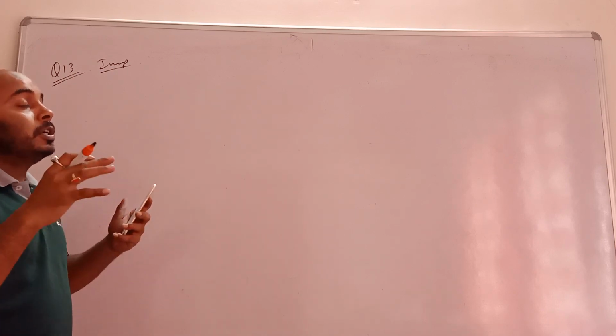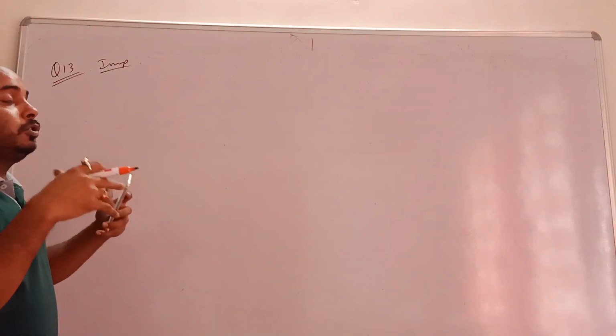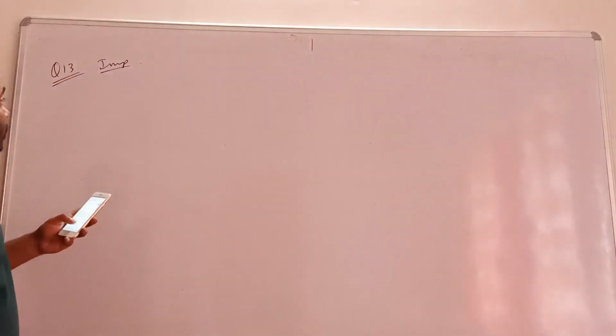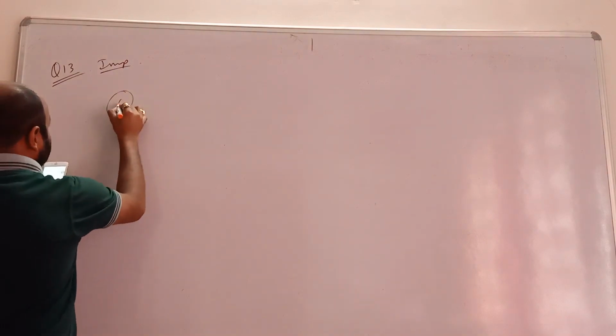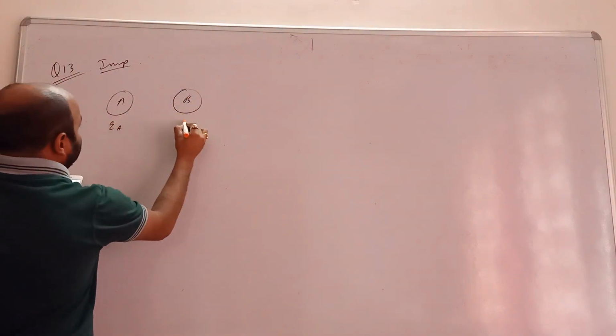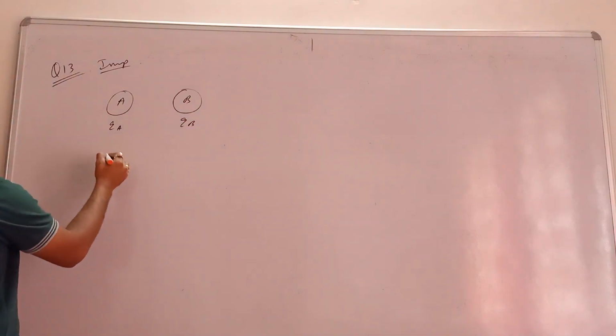Now see, try to understand: did your thinking process go exactly the way I am saying here? So what is the question here? There are two spheres, A and B, and their charges QA and QB are given to you.